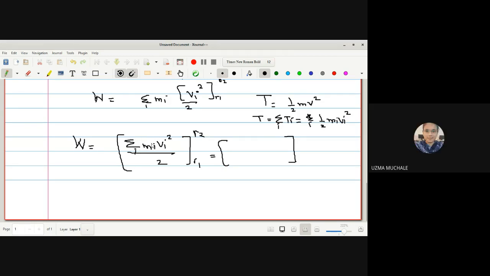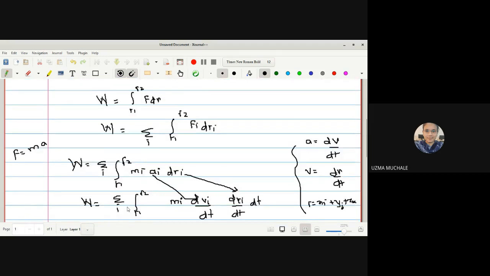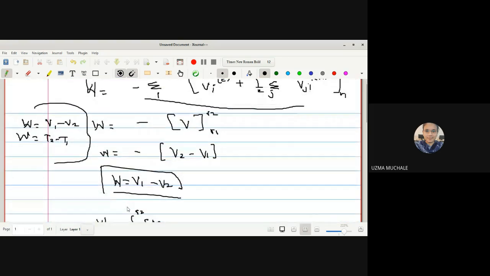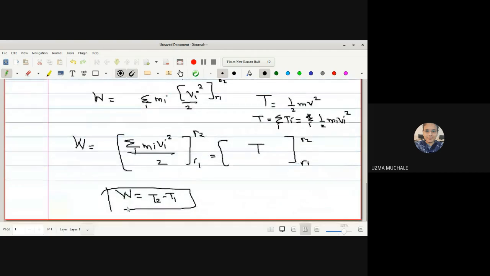So what is this? This is nothing but your summation over Ti. This summation over Ti, I can write simply as T within the limits r1 to r2. Correct? So now the formula for the work done is nothing but T2 minus T1. Initially, at the starting point of this lecture, we found W is equal to V1 minus V2, and here we have found T2 minus T1.